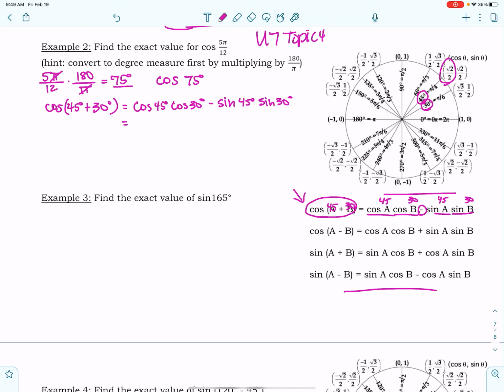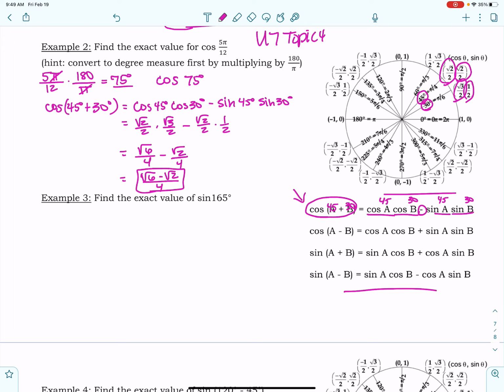Cosine of 45, radical 2 over 2. Cosine of 30, radical 3 over 2. Sine of 45, radical 2 over 2, sine of 30, 1/2. Yay. Multiply, I get radical 6 over 4 minus radical 2 over 4 equals radical 6 minus radical 2 over 4. Neato.